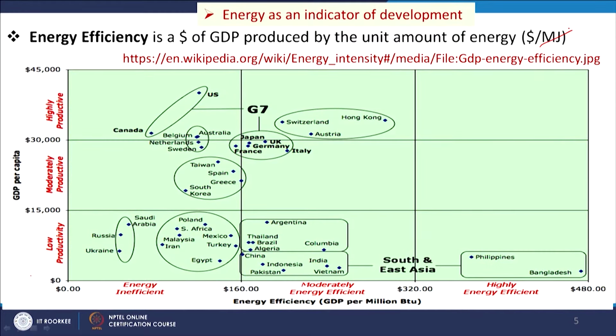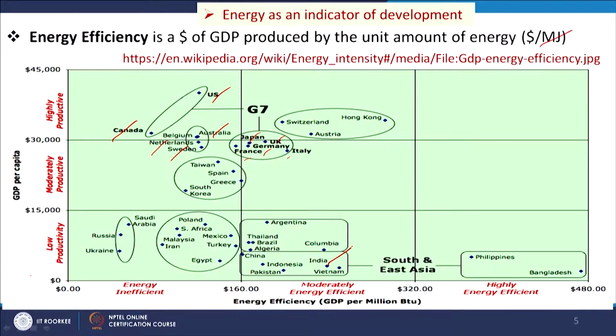Now, if we see this graph, it is very clear that developed countries like Canada, US, Australia, Belgium, Netherlands, Sweden, even G7 countries including Japan, UK, Germany, France, Italy, are not that energy efficient. They are not able to use energy in a more efficient way.